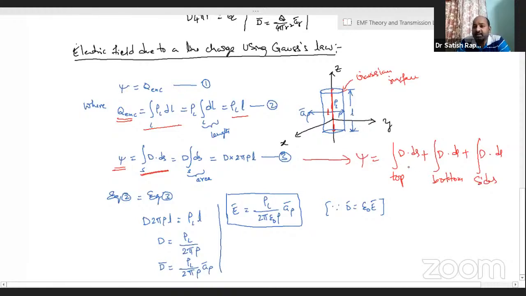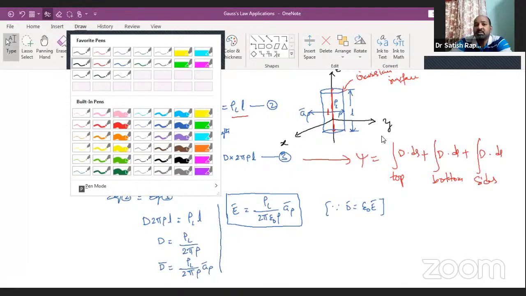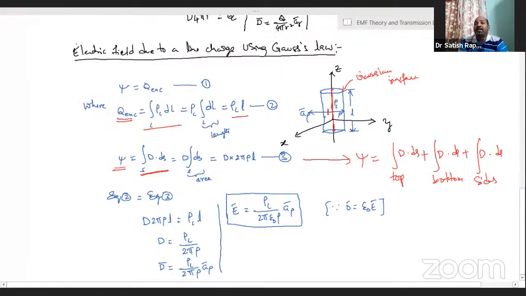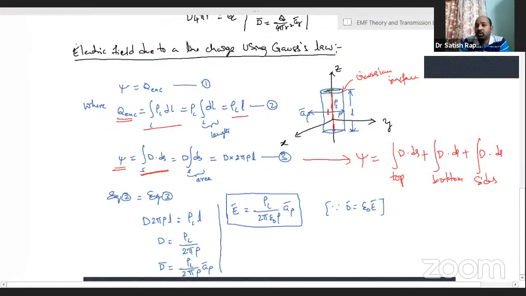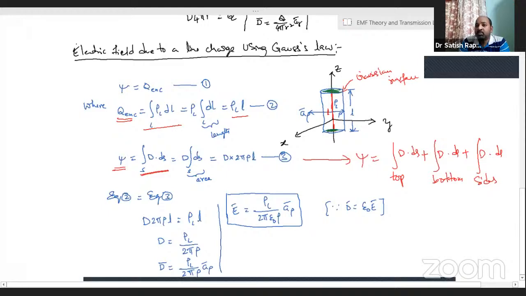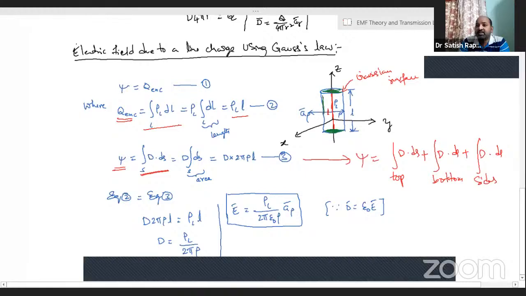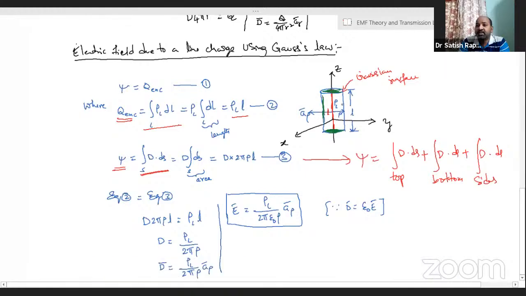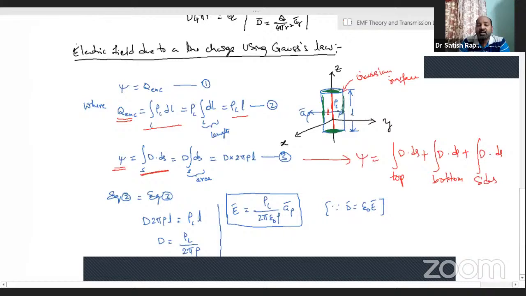Actually we have to write it like this because the cylindrical surface consists of different planes. This is the top plane, this one is the bottom, and these are the sides.